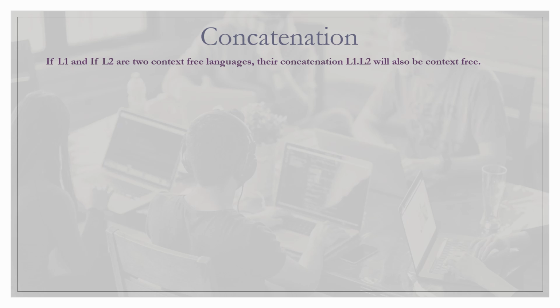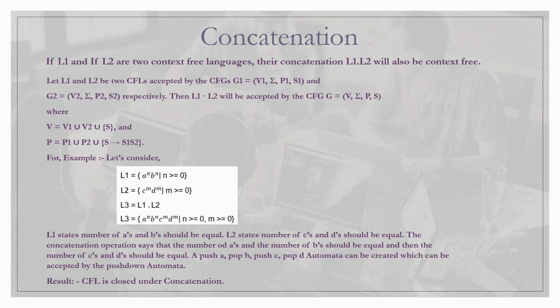The next property is concatenation. If L1 and L2 are context-free languages, then their concatenation L1.L2 will also be context-free. Here, let L1 be represented by G1 with the 4-tuple V1, sigma, P1 and S1, and L2 be represented by G2 with the 4-tuple V2, sigma, P2 and S2.